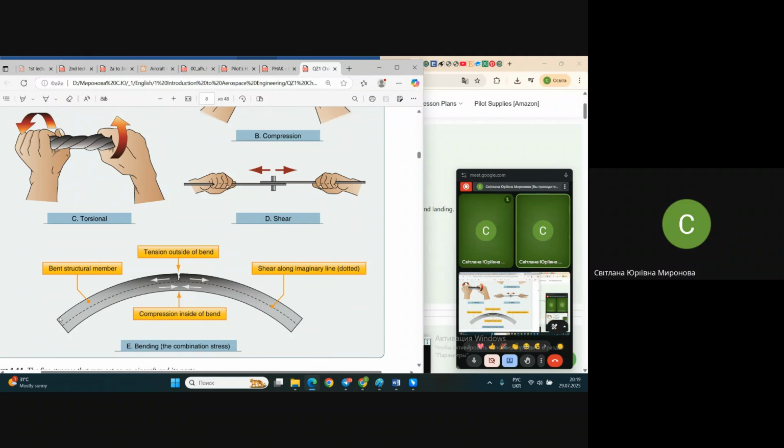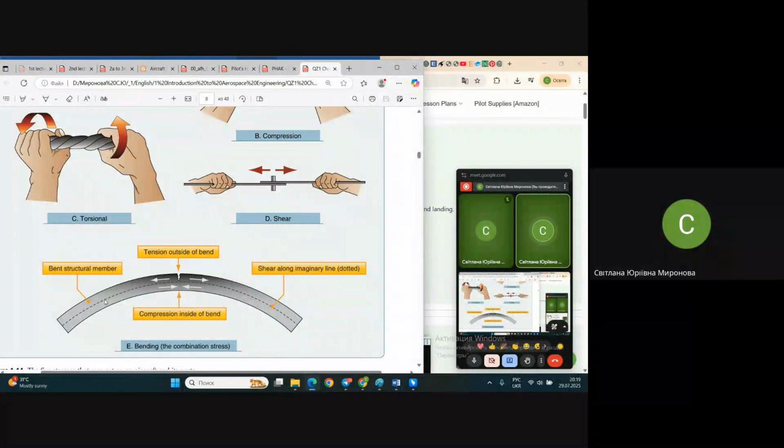Look at this beam. The beam is bent right now, and the outer loads make the beam bend, and as a result appears a so-called bending moment, which tries to make balance, tries to move this beam back into original position. And look at layers of this beam. Outer layers, they are extended.